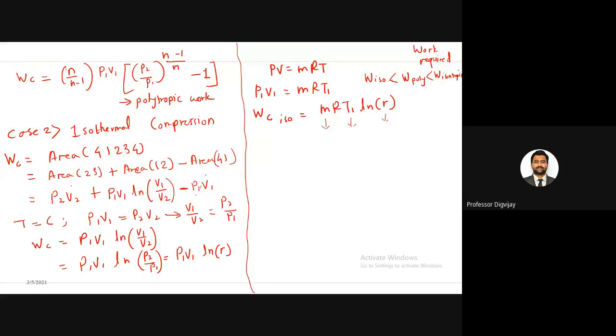And we'll take the third and last case, case 3, that is isentropic compression.